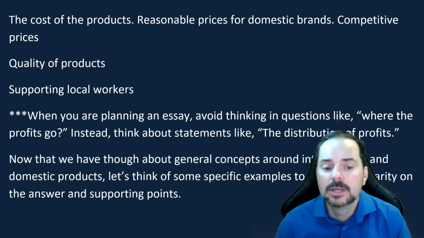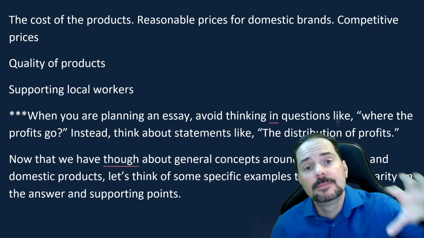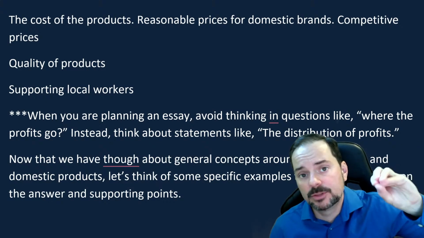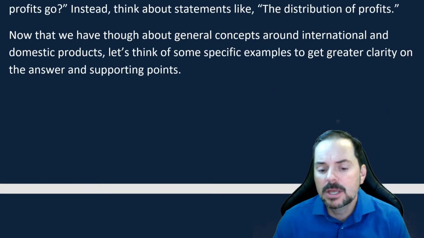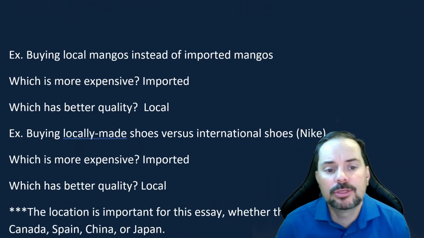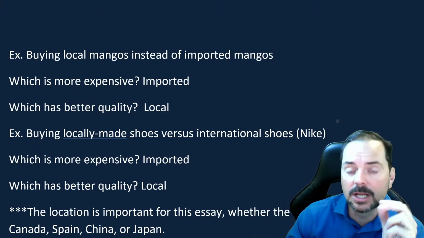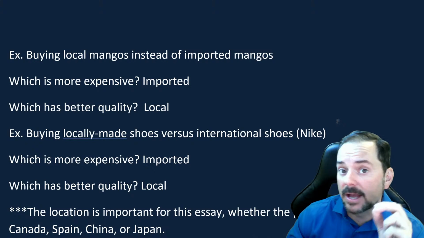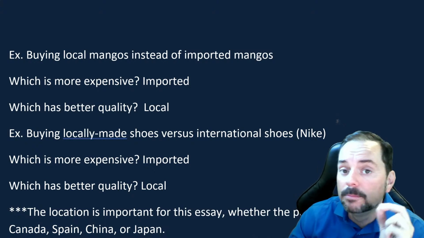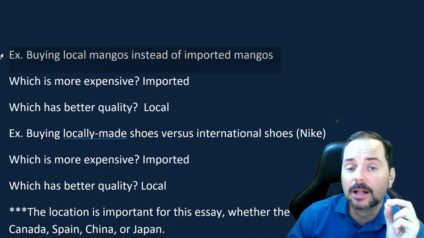So now that we've done some good thinking, we thought about the general and we thought about the specific, we can write a good essay. Does everybody get how thinking about specific examples before you start writing your essay is a very effective tool for coming up with good points? And a good plan will help you to write faster.